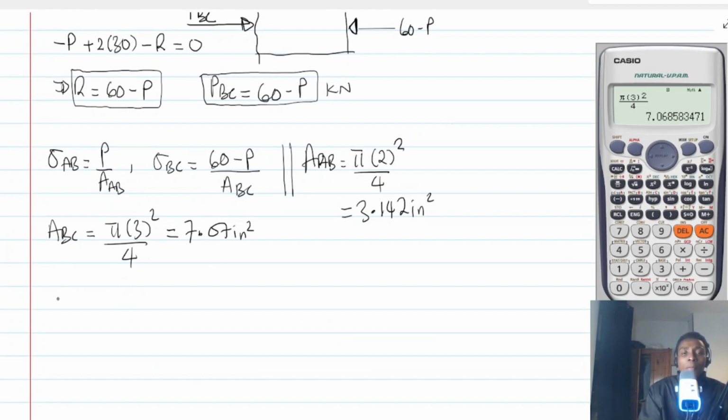So it's going to be P divided by 3.142 should be equal to 60 minus P, multiplying BC, which is 7.07.